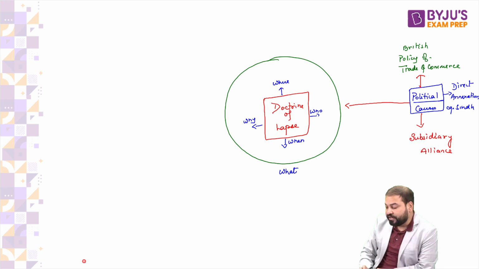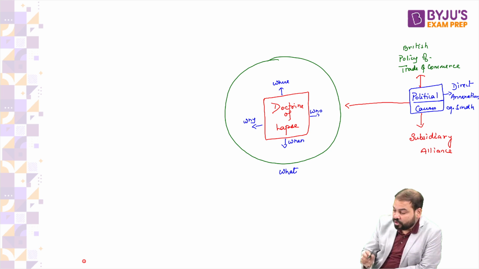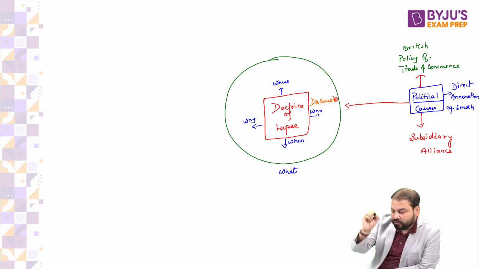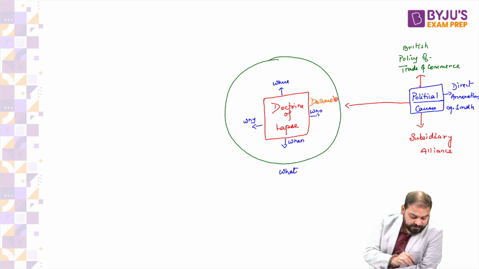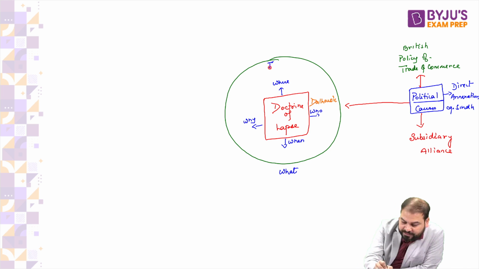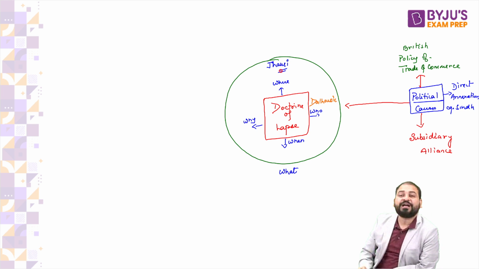So if you see here, in subsidiary alliance, I have already told you who brought doctrine of lapse: Governor General Dalhousie has brought this. Now, just to give you example, where did he apply it? The most famous example is Jhansi.